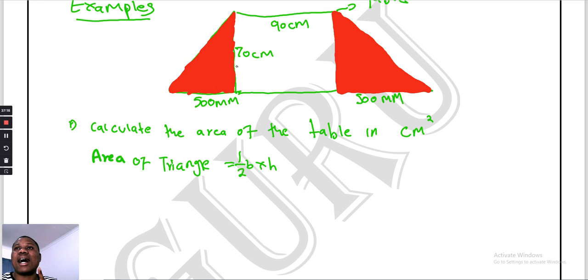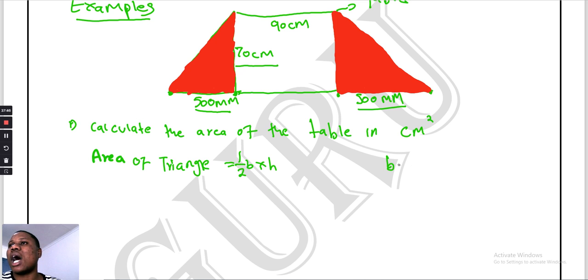Our height is 70 centimeters and our base is going to be 500 millimeters plus 500 millimeters, because now we have to combine them. We are given that from this point to this point is 500 millimeters, and from this point to this point is 500 millimeters. So we have to bring them together. Now let's start by doing that.